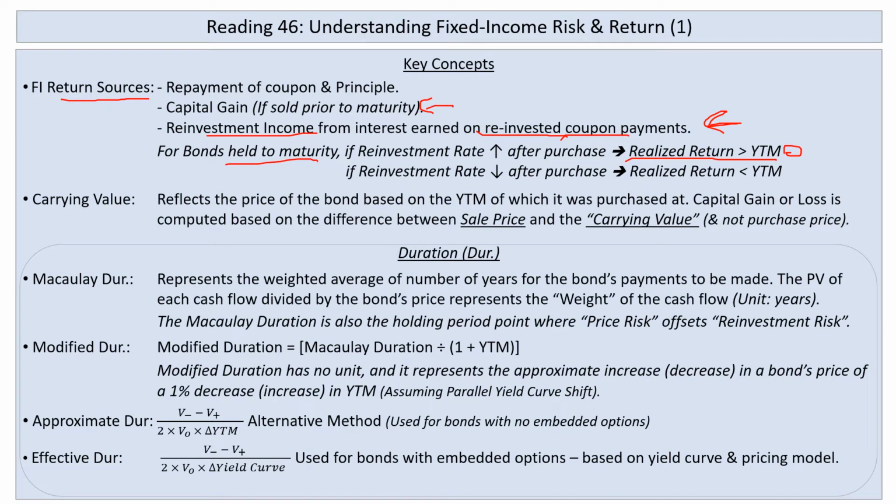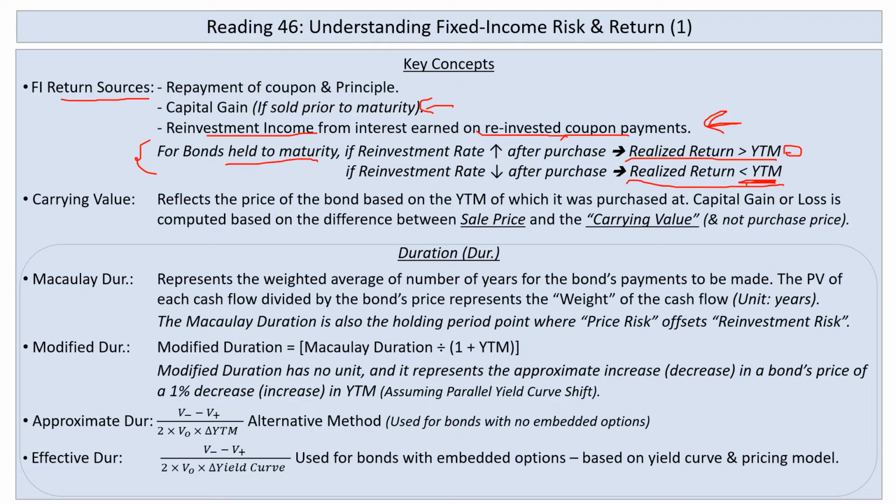If the reinvestment rate decreases after purchase of the bond and the bond is held to maturity, then realized return will be lower. So if YTM decreases, our realized return would be lower than YTM, and that would be true if the bond is held to maturity.